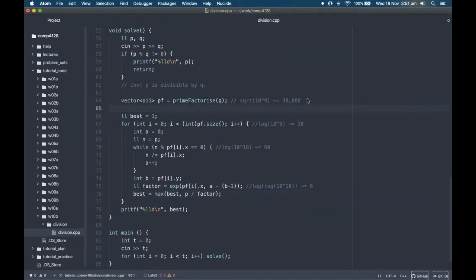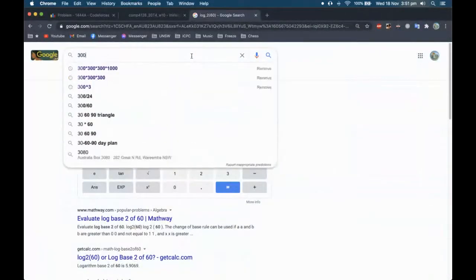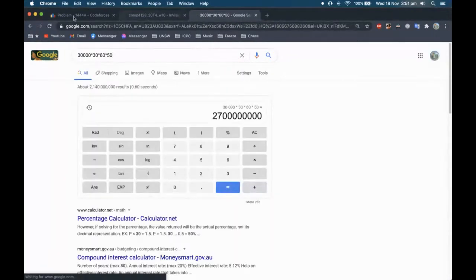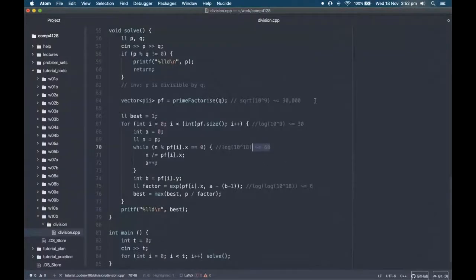Multiplying these all together, we have 30,000 times 30 times 60. And I suppose we'll multiply by the test cases as well. I think it's like 50 test cases. Then this will get us 2 billion. That's a little bit larger than I expected.